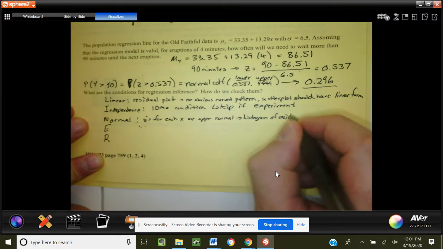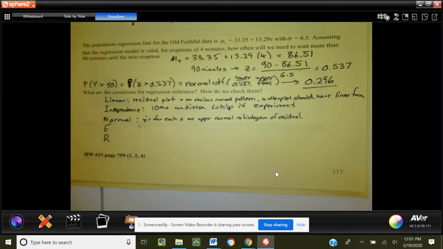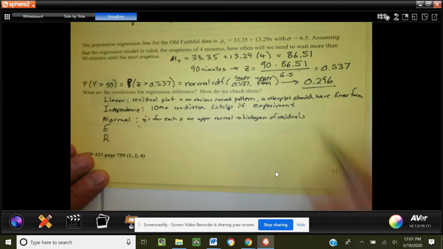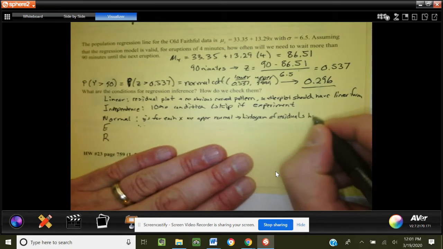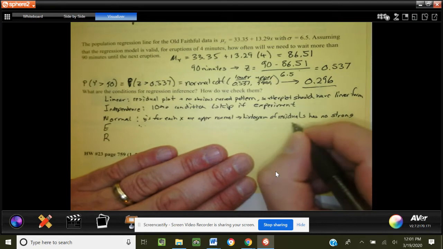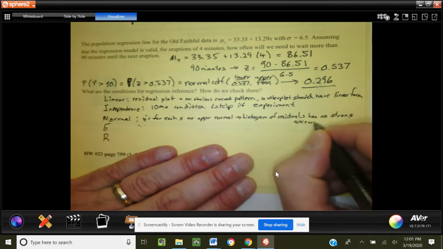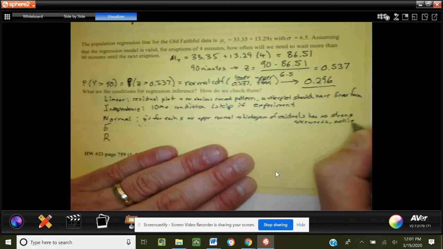When you do a linear regression, you create a list of residuals, so you can certainly do a histogram of them. Normally, this will be a graph that's provided to you. When we look at it, just check for no strong skewness or outliers, like we do in the normal condition for means when we have to graph the data.